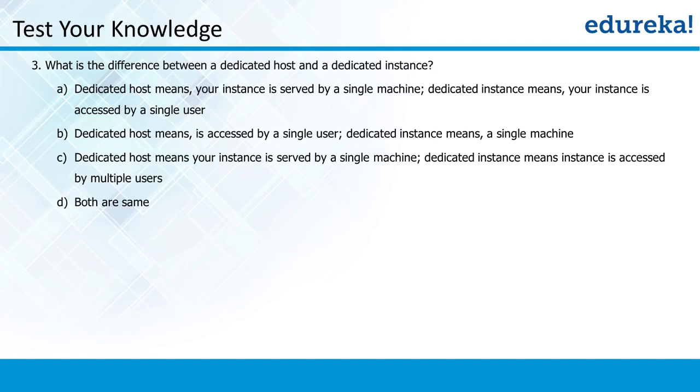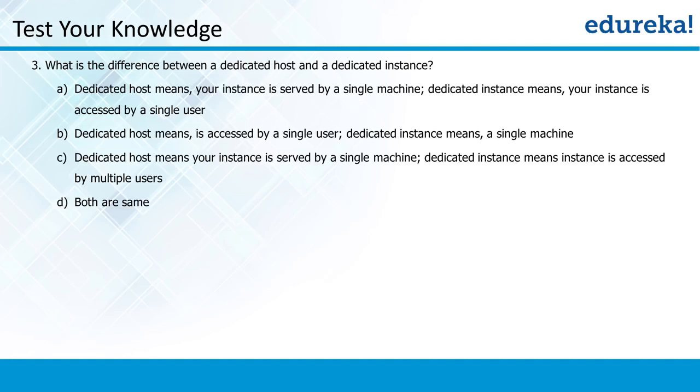This question talks about what's the difference between these two options, a dedicated host and a dedicated instance. Option A says a dedicated host is simply a single machine. The whole host is yours. The whole machine is yours. Dedicated instance simply means the instance is accessed by a single entity, a single customer.